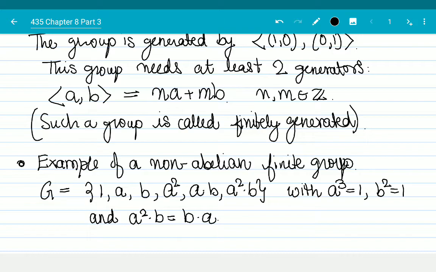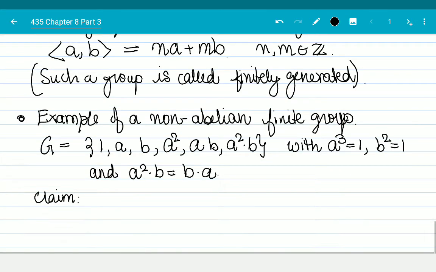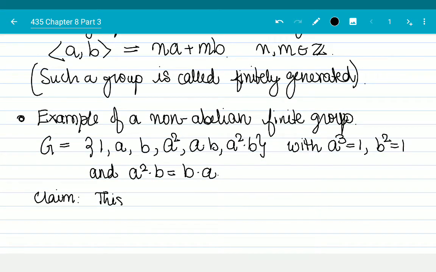Okay, I claim this is a group under dot. Clearly this is not abelian because if it was abelian, a squared b should be equal to b times a squared rather than b times a, and b a and b a squared are different elements, right?